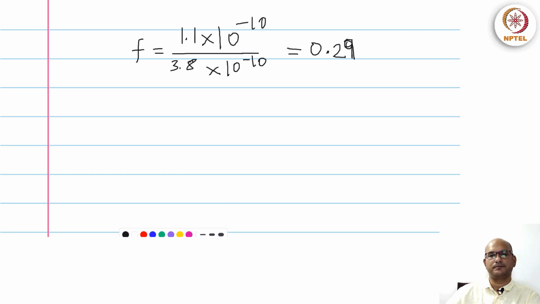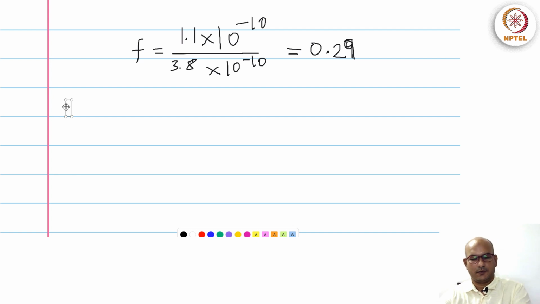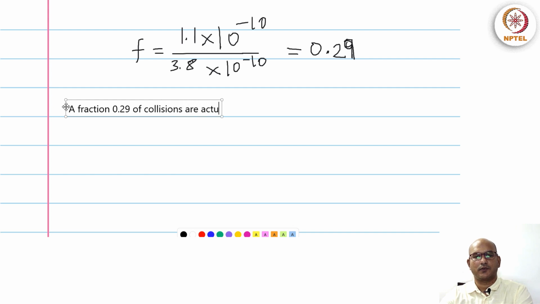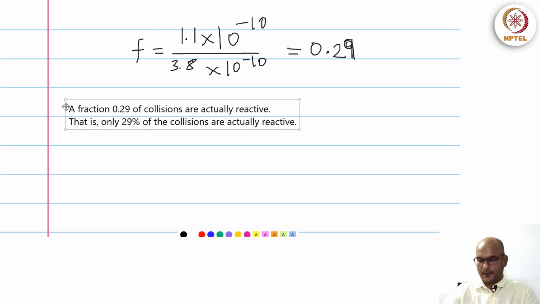So basically, a fraction 0.29 of collisions are actually reactive, that is, only 29% of the collisions are actually reactive. So this was the solution to this problem. And with this we can close this week's lecture.